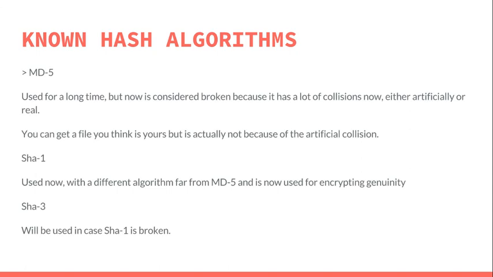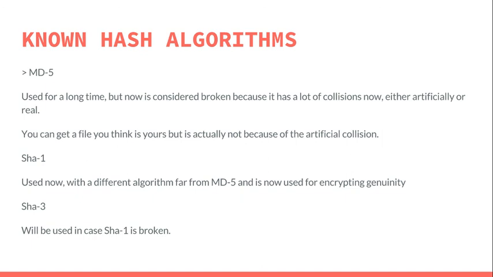So there are known hash algorithms we use in our daily lives. The most frequently used is MD5. It was used for a long, long time, but it's now considered broken because it has a lot of collisions. It was used for decades because back then it was good. It was fast.